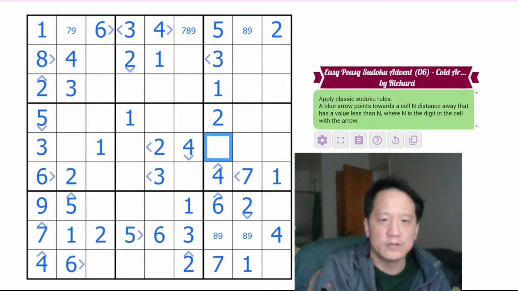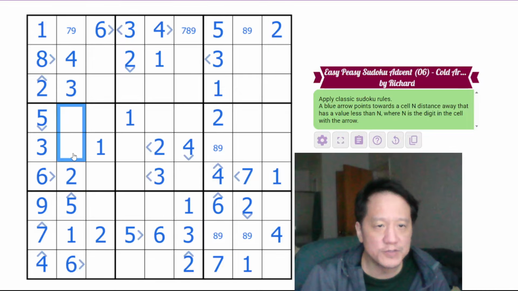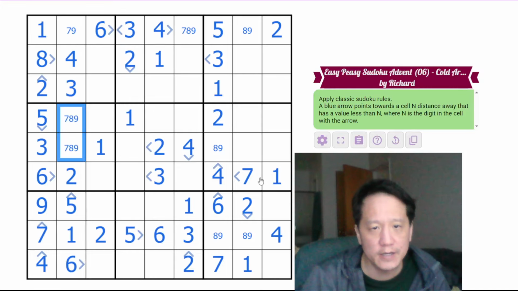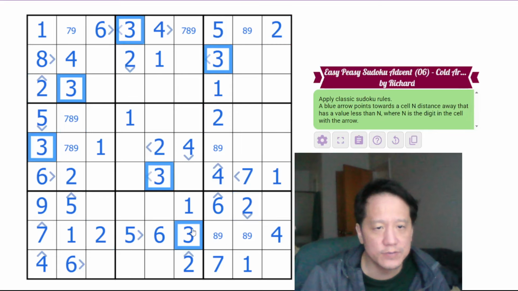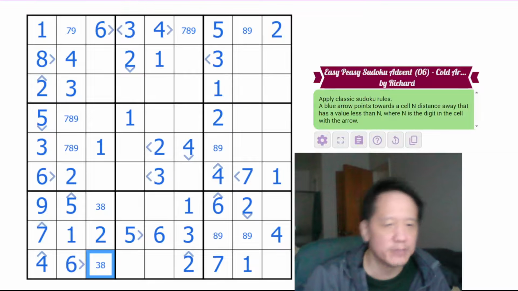It must be here, so this is 8 or 9. We have 7, 8, 9 remaining in column 2. So this is 7, 8, 9. This is 3, 8 as a pair in this lower left-hand box.